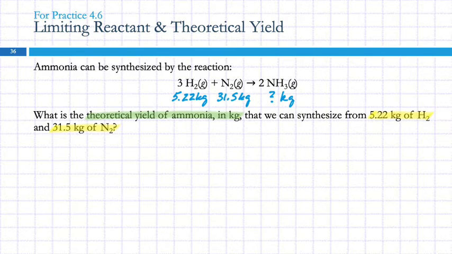So we're going to go 5.22 kilograms. What does kilo stand for? Times 10 to the 3. Way back in worksheet 1, we had some problems where we took numbers like this and wrote them in scientific notation without the prefix.